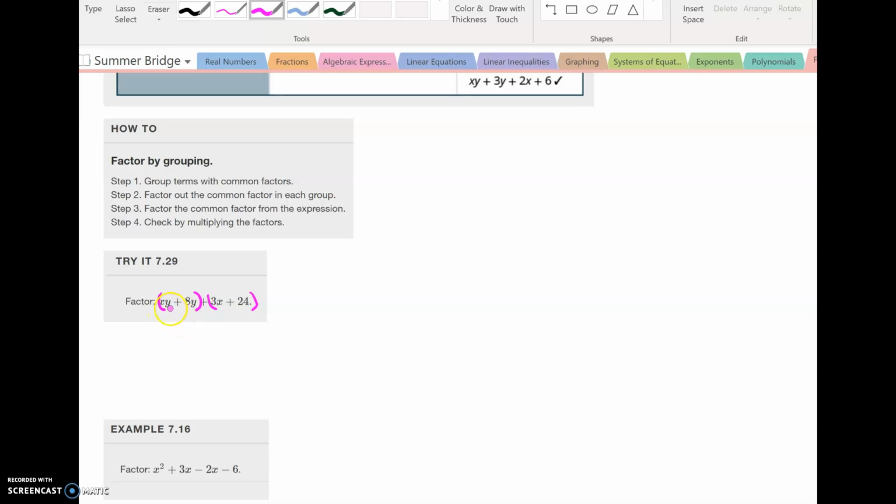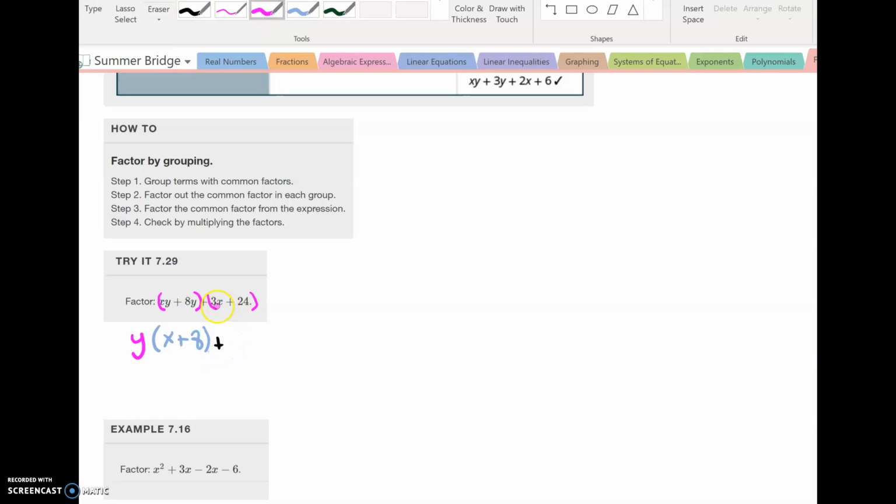My GCF is going to be, again, y, because I have y in both terms. I don't have numbers in both terms, so I don't need to worry about that, and I don't have x's in both terms. So my GCF is y, so I'm going to factor out a y. What I have left is going to be x plus 8. Plus.